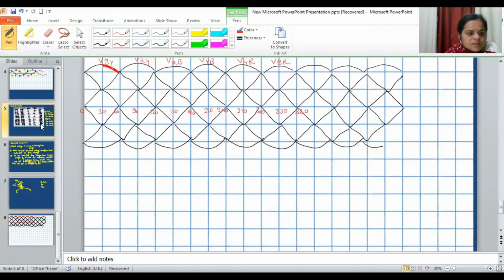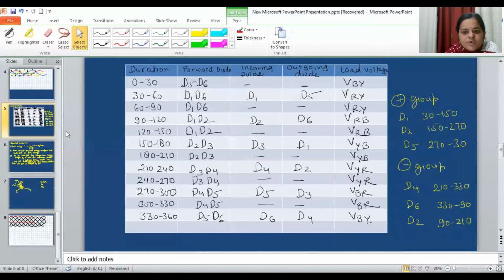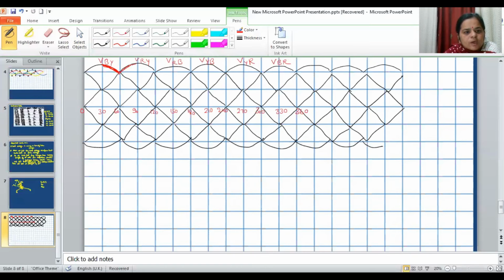Okay. Then 30 to 60, we are getting VRY, which we will plot on line voltage between 60 to 90. So 60 to 90 is VRY. So this is how, if I plot it for one complete cycle, we are going to get the output voltage.